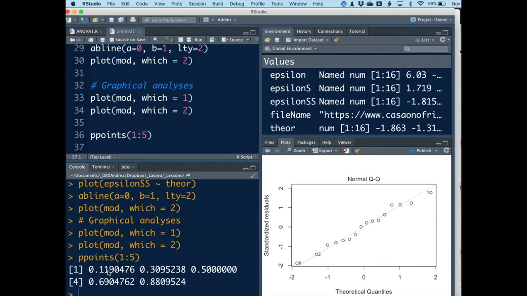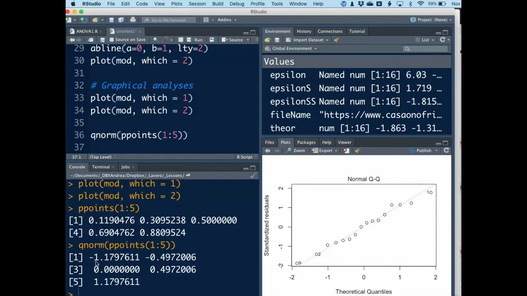If we put these percentiles within the q-norm function, the q-norm function calculates the corresponding quantiles. So, for example, minus 1.18 is the 11.9th percentile in a standardized Gaussian.